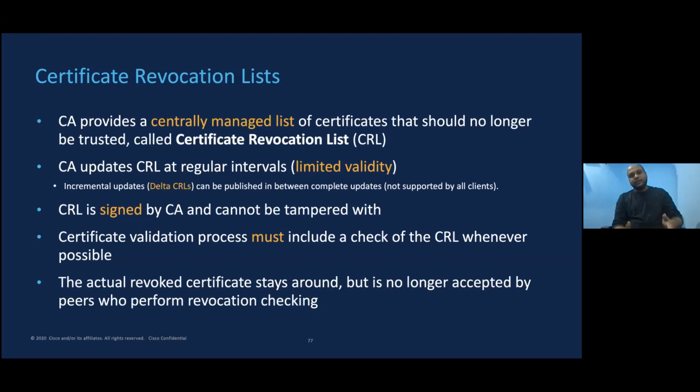Now, in real time, out of experience, we have seen that sometimes people use certificates that have gone invalid, either because the validity period has ended or because the certificate has been revoked, but the authentication still works, or I'm still trusting that certificate. Why does this happen? When you are trusting a certificate which is being presented, you need to validate who the issuer of that certificate is. If I trust the issuer, I trust the identity certificate as well.